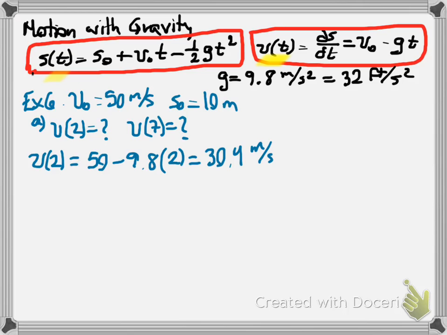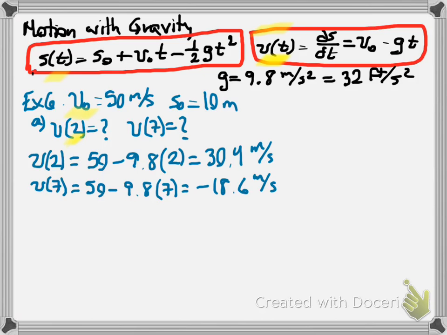What I'm doing is using this equation of the velocity, and plugging in the value of the initial velocity and the value of the time in this case. Now I will compute v of 7, which will be 50 minus 9.8 times 7, which obviously will be negative. And the answer is negative 18.6 meters per second. And they ask us, what does this negative sign mean?